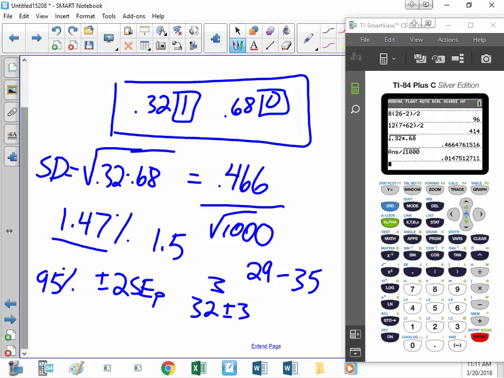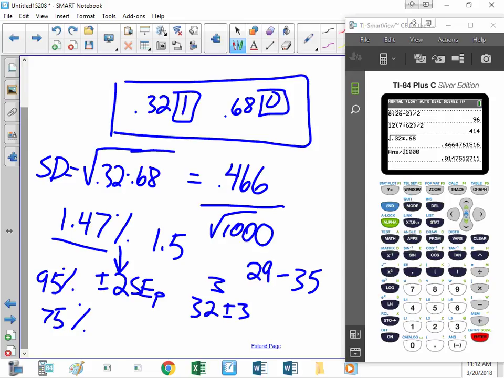What if I don't want a 95% confidence interval? What if I want a 75% confidence interval? So instead of 2 SEs, I need some number that's smaller than 2, right? So I go over to my z-score chart, and I find 75%, which is 1.15.